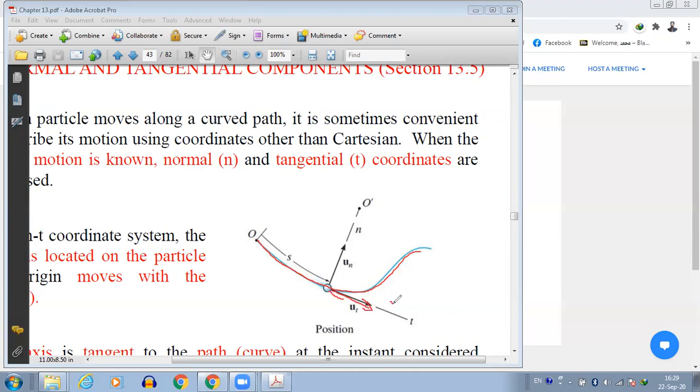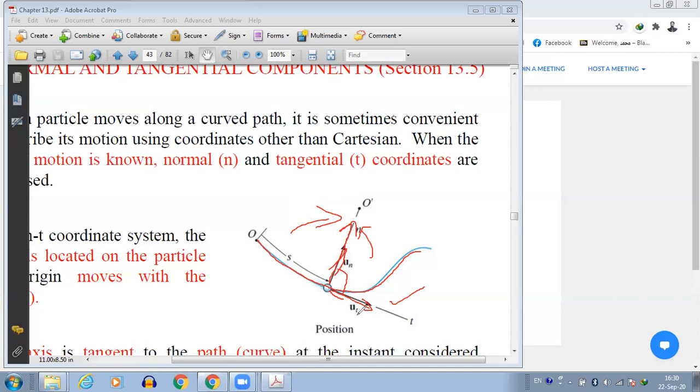So this is the tangent coordinate. And then normal to that, at 90 degrees from it, but on the concave side, you have another coordinate, which is the normal coordinate. So this will be the tangential and normal coordinate system.